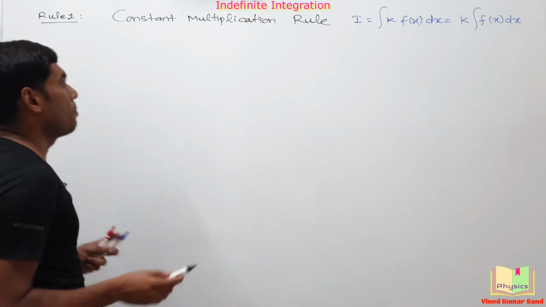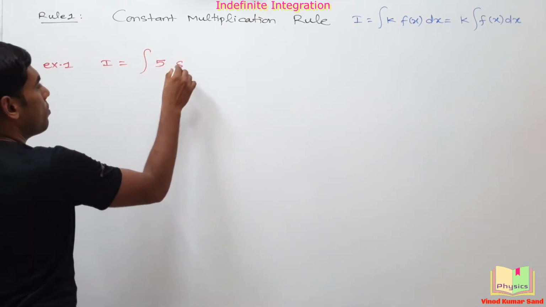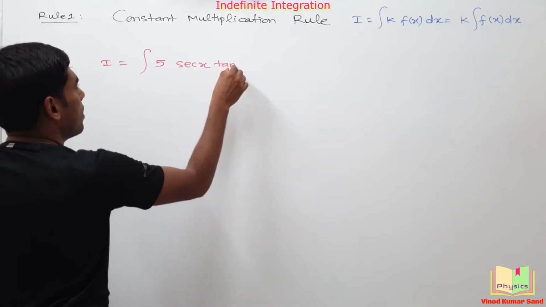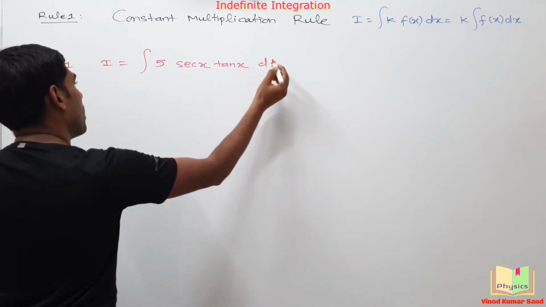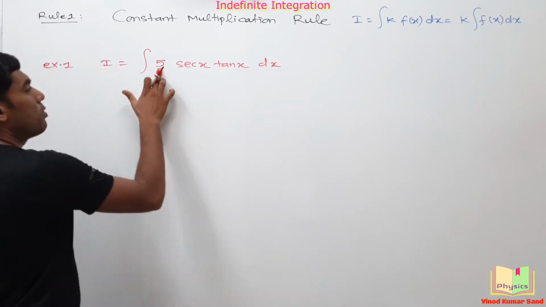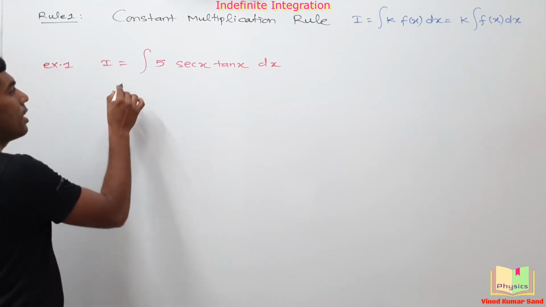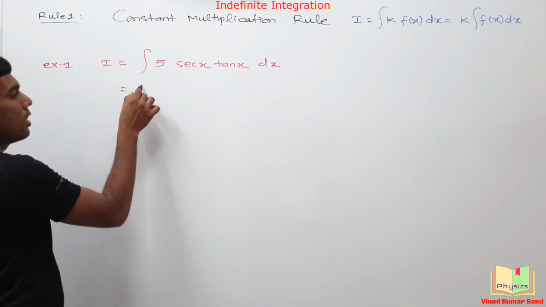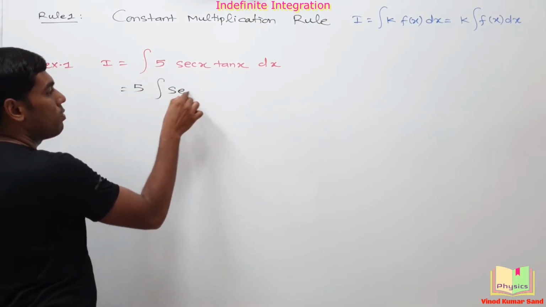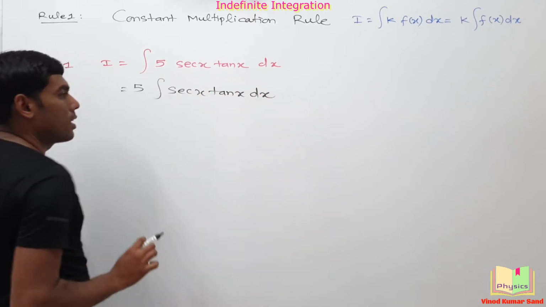I'm taking one example. We have the integration like this: 5 secant x tan x, and the variable of integration is x. Now 5 is a constant which is in multiplication, so it should be taken outside of the integration. You will rewrite this as 5 integration of secant x tan x dx.